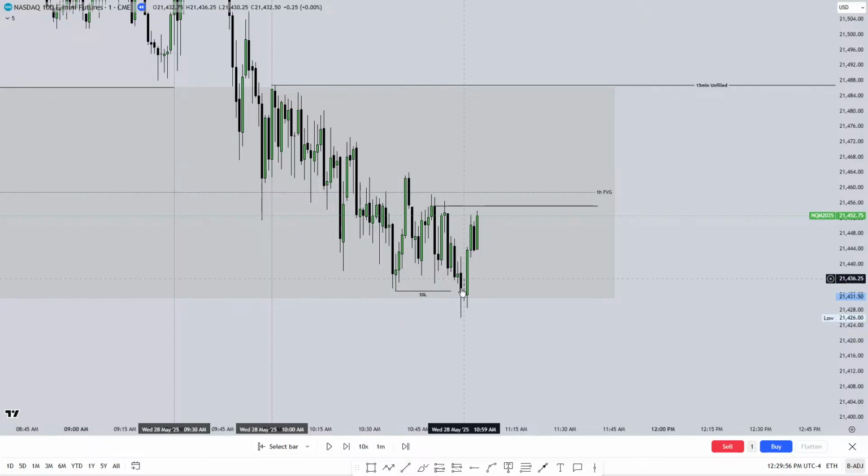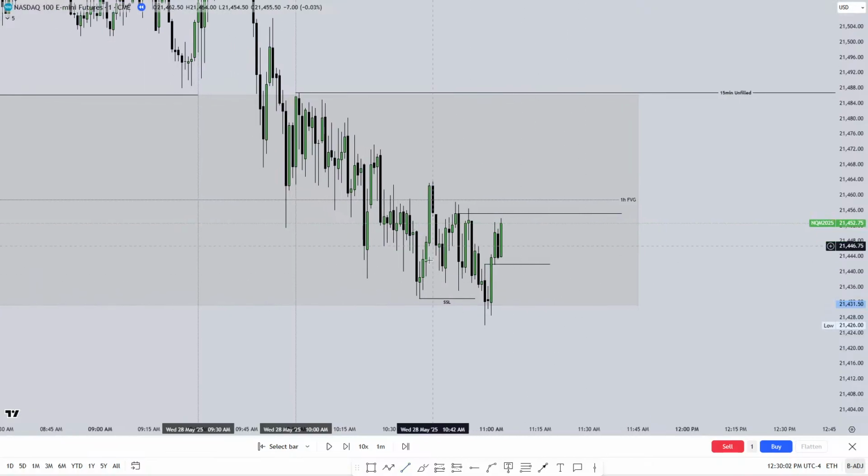Okay, so I would not take this because I don't want to take three trades in a day, especially when they're all back to back to back on the same idea. This is 11 a.m. open right here. Change in the state. Really, really tiny 1-minute inversion.